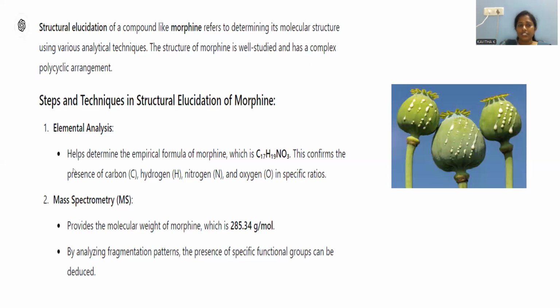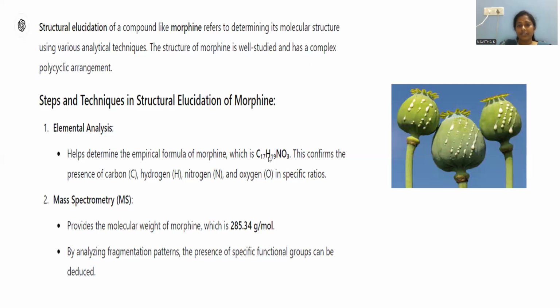First of all, initially, whenever the crude product is extracted, first we go for the chemical composition, what elements are located. That is called elemental analysis. Elemental analysis, if you are doing it by instrumental methods, shows that morphine has the elements carbon, hydrogen, nitrogen, and oxygen.